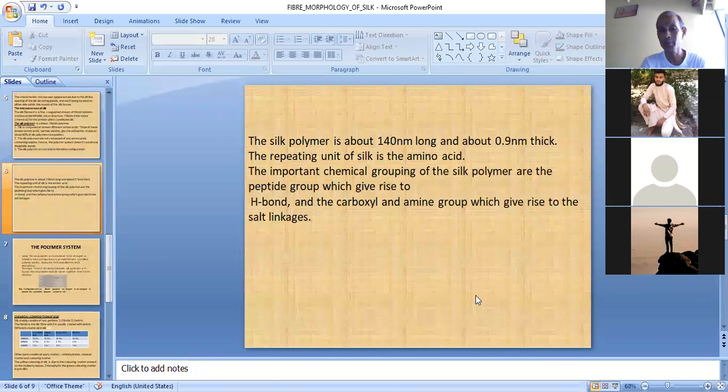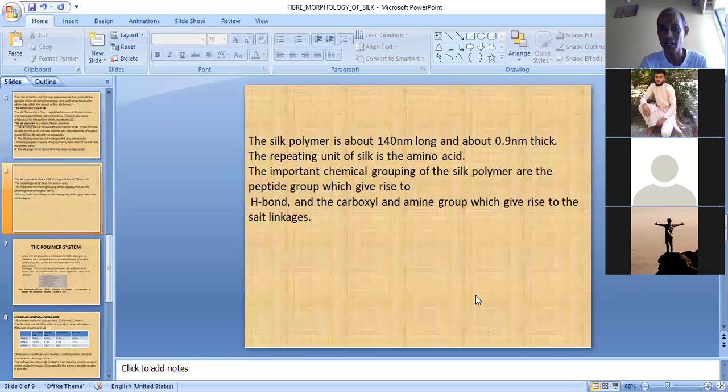And name of polymer in case of wool is keratin. And in case of silk is fibroin. Both are different types of proteins. The important chemical grouping of the silk polymer are the peptide groups, जो कि wool में भी होता है, and which give rise to hydrogen bonds. These peptide groups are resulting in formation of hydrogen bonds, and the carboxyl and amine groups, amino groups, give rise to the salt linkages, ionic bonds.